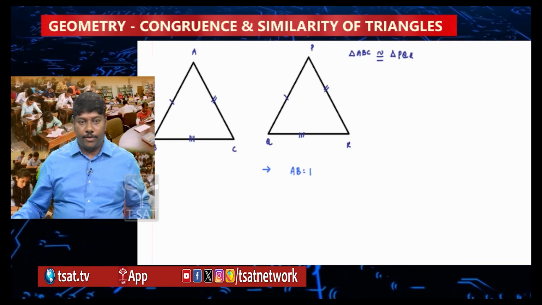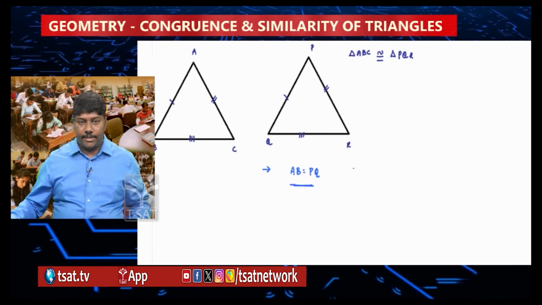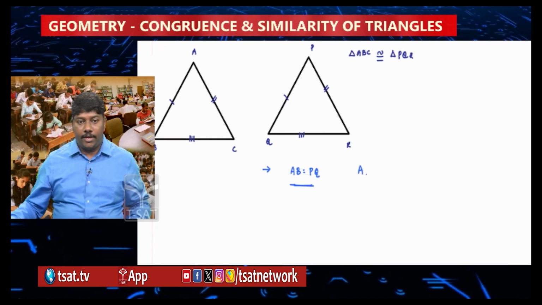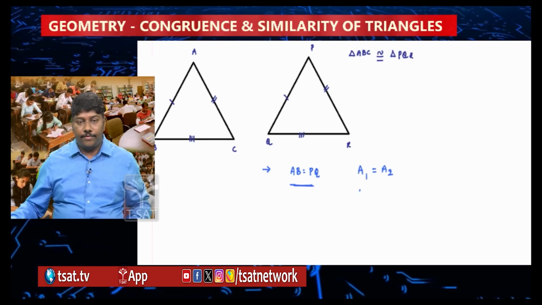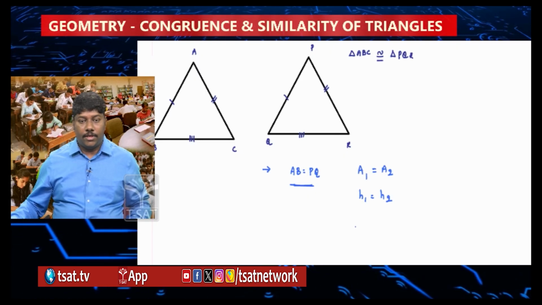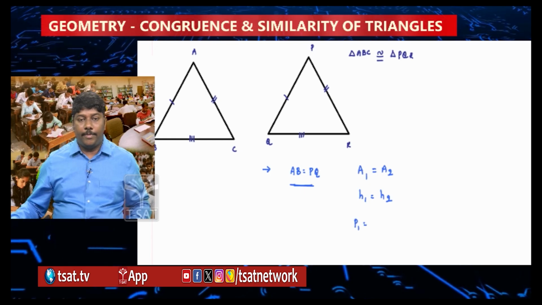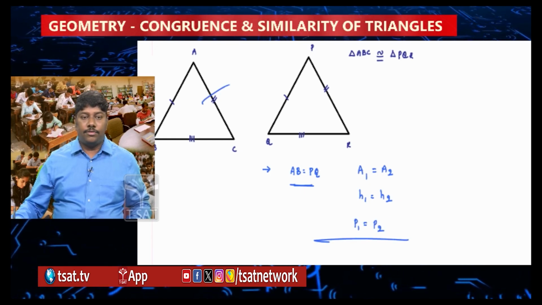AB is equal to PQ and so on. All sides are equal. Not only sides, their areas are equal. Area 1 is equal to area 2. The heights of their triangles are equal. Height 1 is equal to height 2. Their perimeters are also equal. Perimeter 1 is equal to perimeter 2. In all respects, these two triangles are equal.